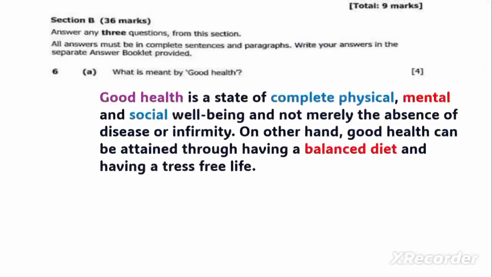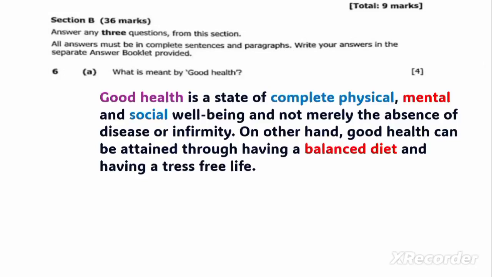disease. So having good health doesn't mean you won't succumb to minor diseases. For example, having good health doesn't mean you won't succumb to flu or cough. On the other hand, good health can be attained through having a balanced diet.